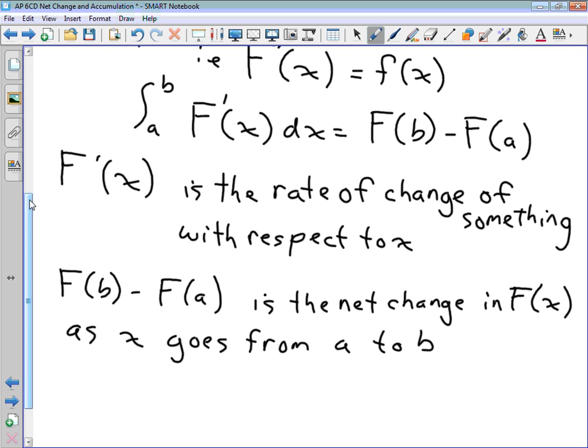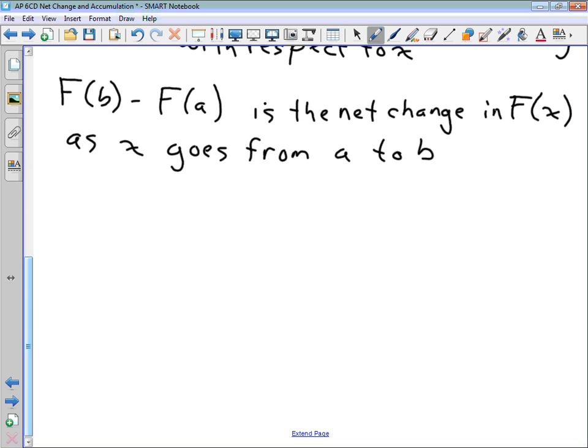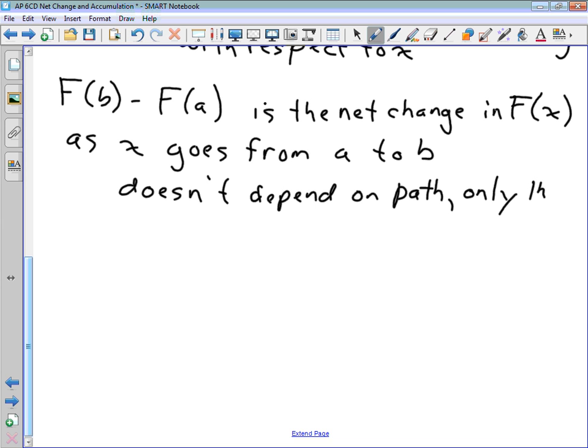It only depends on what the values are at our two endpoints, a and b. So we can just say here, it doesn't depend on path, only the endpoints.